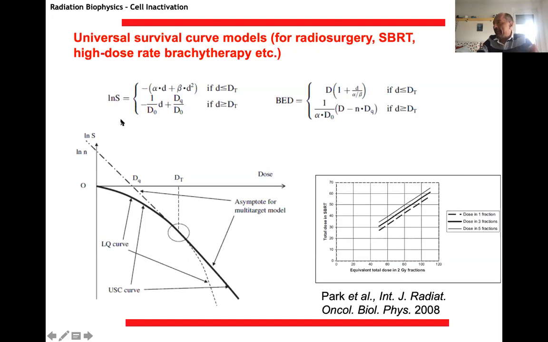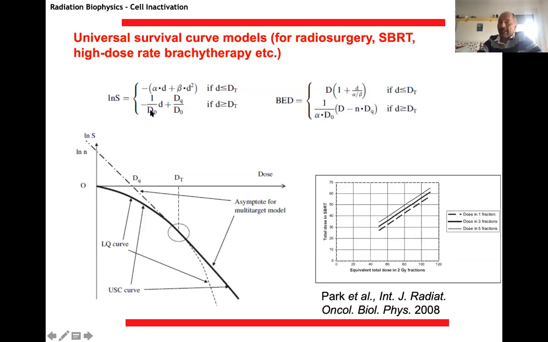So what they have done is a very simple model, if you want. The survival, in logarithm, is given by the linear quadratic equation below a threshold dose called dt, but above the threshold dose it is given by this equation, which is exactly the multi-target single hit equation.